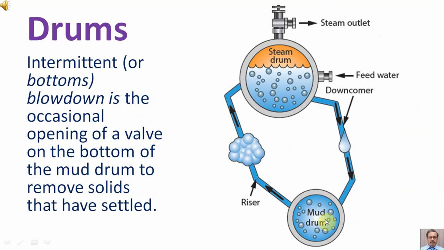Intermittent or bottoms blowdown is the occasional opening of a valve on the bottom of the mud drum to remove solids that have settled.